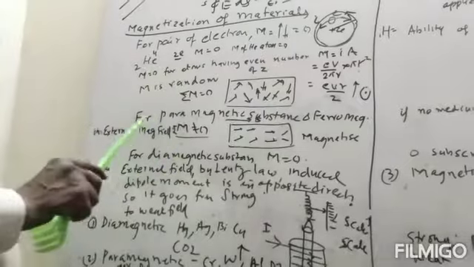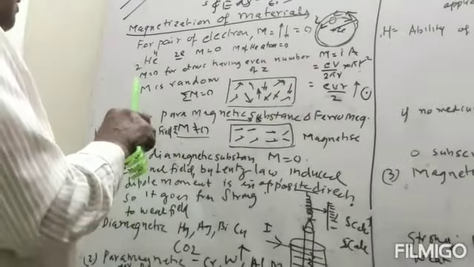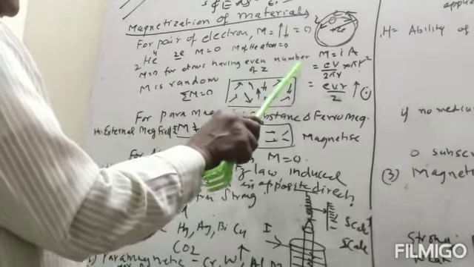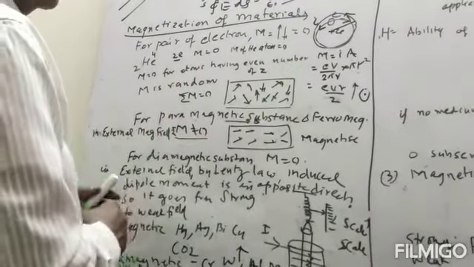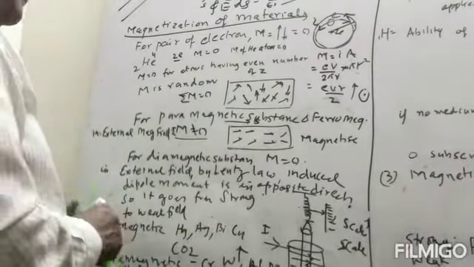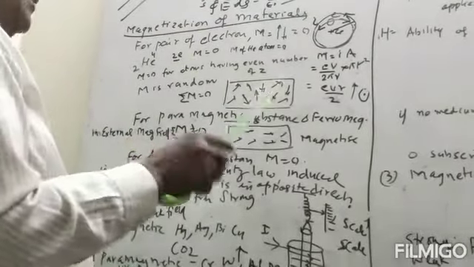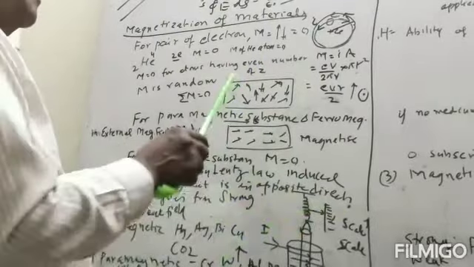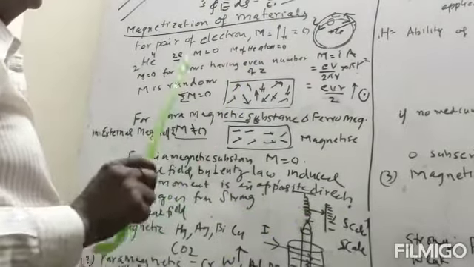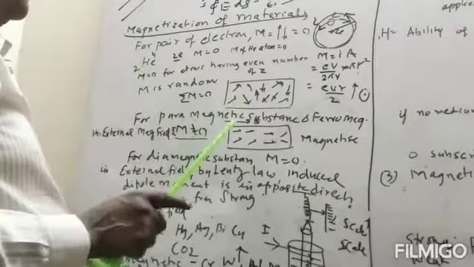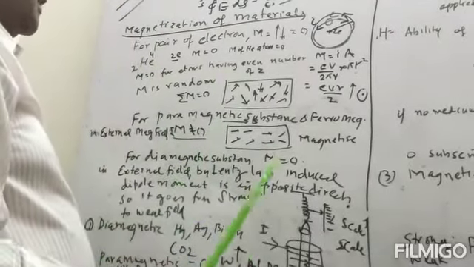So M will be 0 for the atoms having an even number of electrons, or an even number of Z. And if it is not even, then there will be a magnetic moment of each atom.